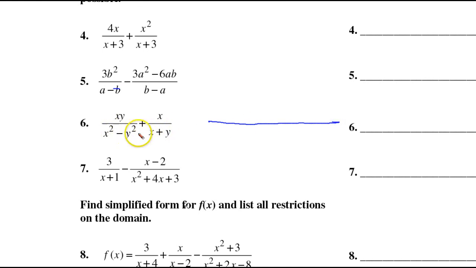So what would be our common denominator here? Well, this is the difference of perfect squares. This is one of its conjugates. So it's going to be x plus y, x minus y. So this one actually has both, so we don't change this one.